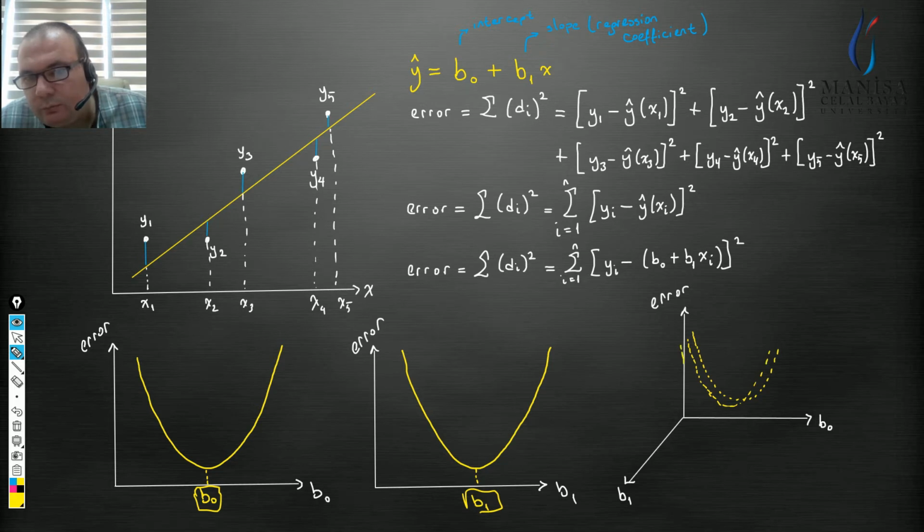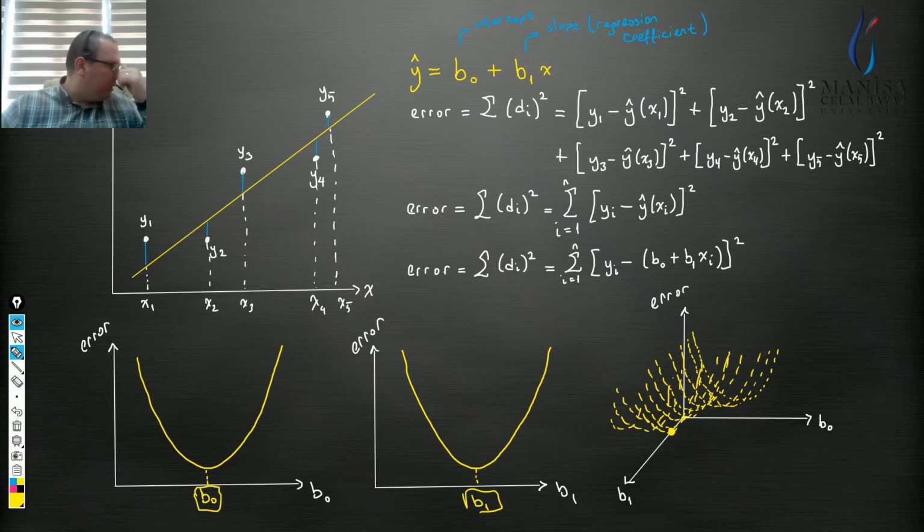So we have a 2D curve. And I think we are going to search a set of these regression coefficients. So we have to find the correct values for b0 and b1 to find the minimum error.